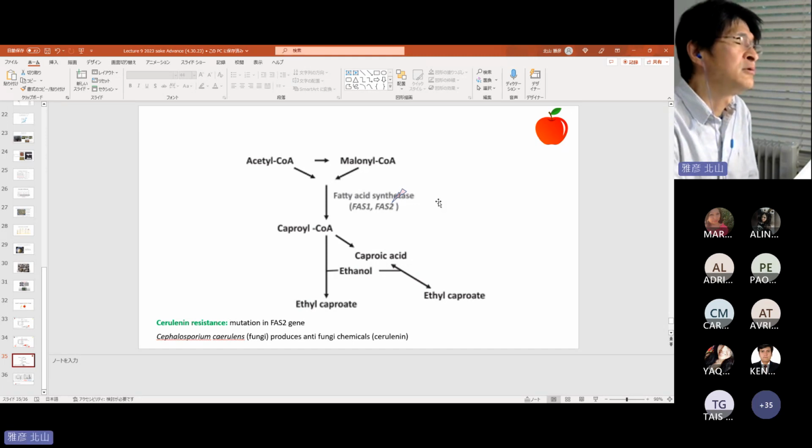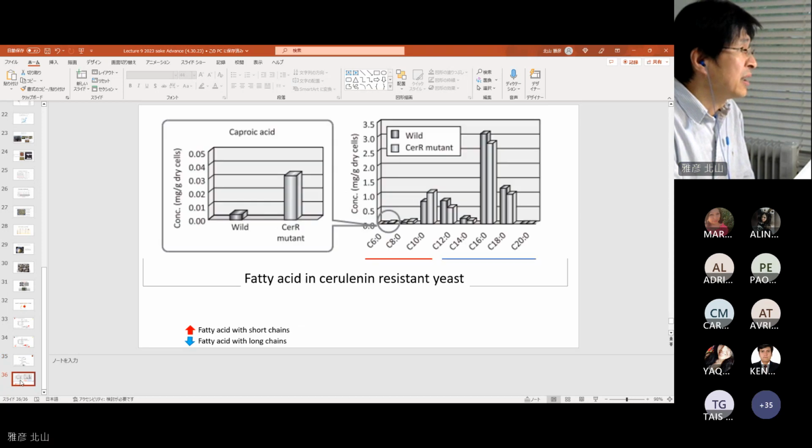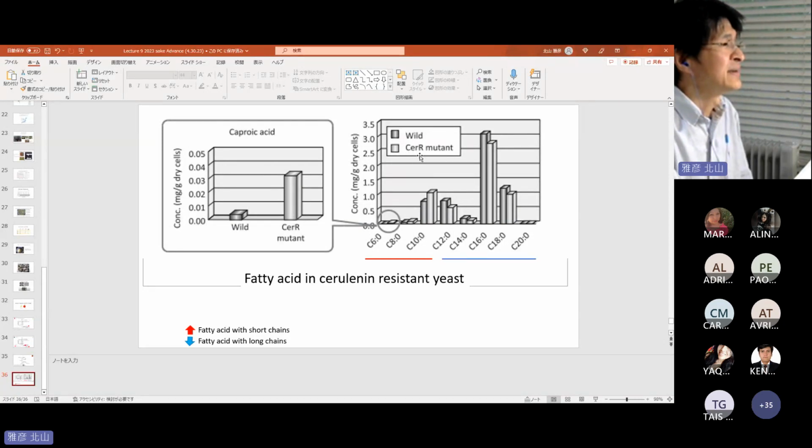So they try to isolate the strain which has a mutation within the FAS2 gene. What is this? This makes the fatty acid. Okay, so this is the mutant which has resistance against cerulenin.